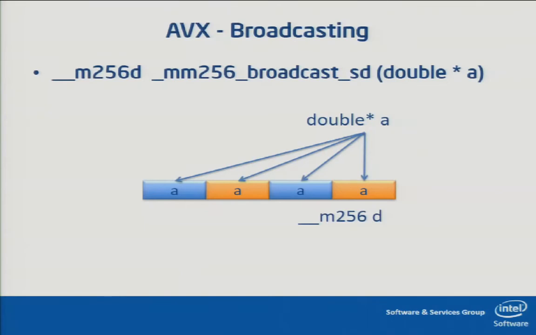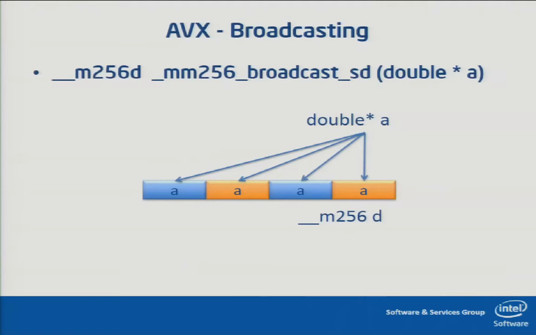First of all, there's an operation that's called broadcasting. Broadcasting is usually what we do when we distribute one value across a whole vector. And this is usually in calculation, constants that are constant over a given field. The intrinsic for doing that is _mm256_broadcast_sd. Now it's a scalar double instruction.